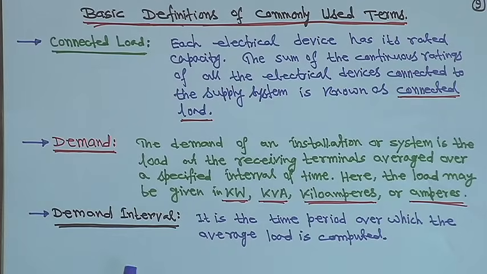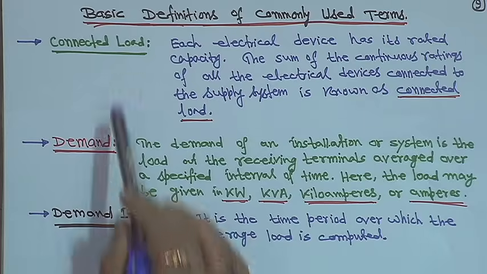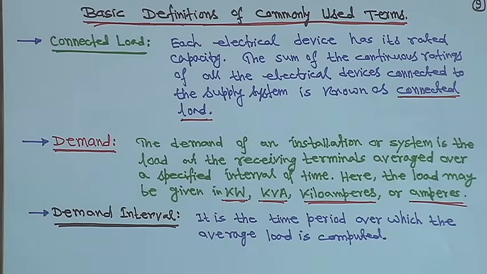Next are the basic definitions of commonly used terms. First is the connected load. Each electrical device has its rated capacity.